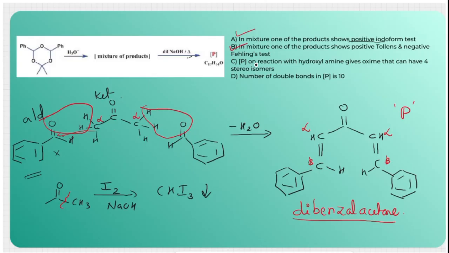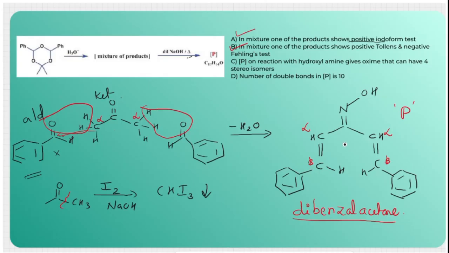Option C is P on reaction with hydroxylamine gives an oxime that can have 4 stereoisomers. So what will be the reaction? The reaction will be again a condensation reaction, and it's going to form an oxime like this. How many stereoisomers does this molecule exhibit? You don't have to write all the structures.